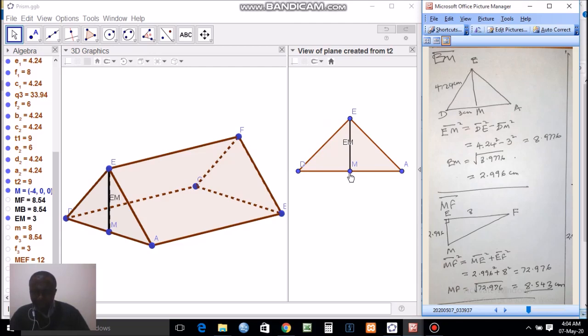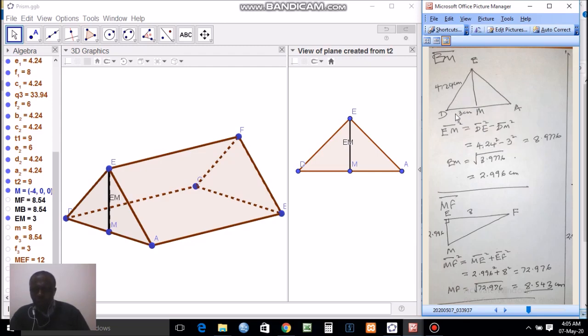Now, M is the midpoint. That means DM will be 3, and we want to get EM because E to M is vertical, it's the altitude of the triangle, then the angle DME is a right angle.